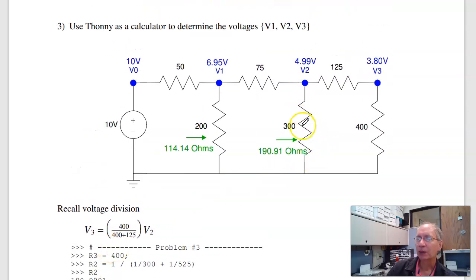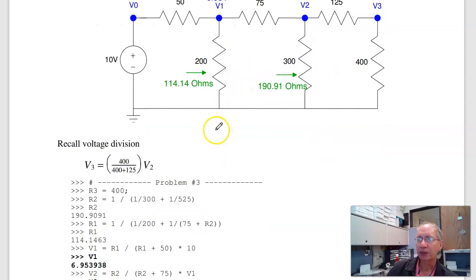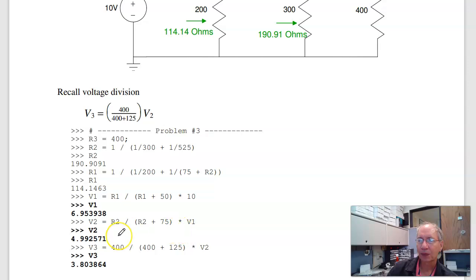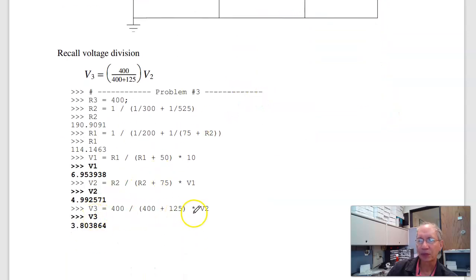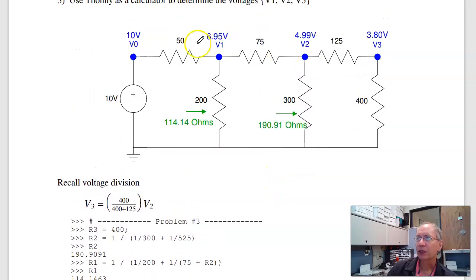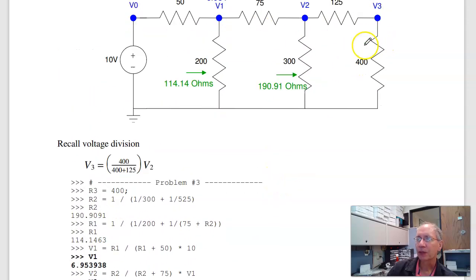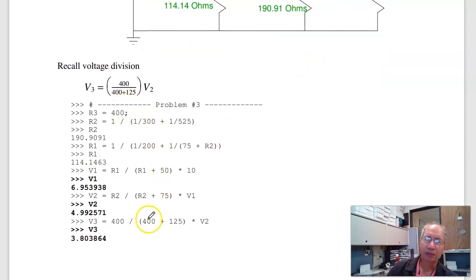I know that V2 is this impedance, 190 over 190 plus 75, that percentage of V1: 4.99 volts. I know that V3 is 400 over 400 plus 125 times V2: 3.83 volts. So there's your voltages. And again, Python behaves very much like MATLAB.